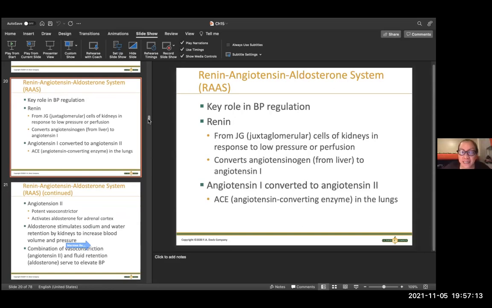Now, renin is a hormone. The hormone renin is from the JG cells of the kidney. Remember that. It is released in response to low pressure or perfusion. If there is a low BP, there will be a signal: help, we need a supply of blood, there is hypotension.